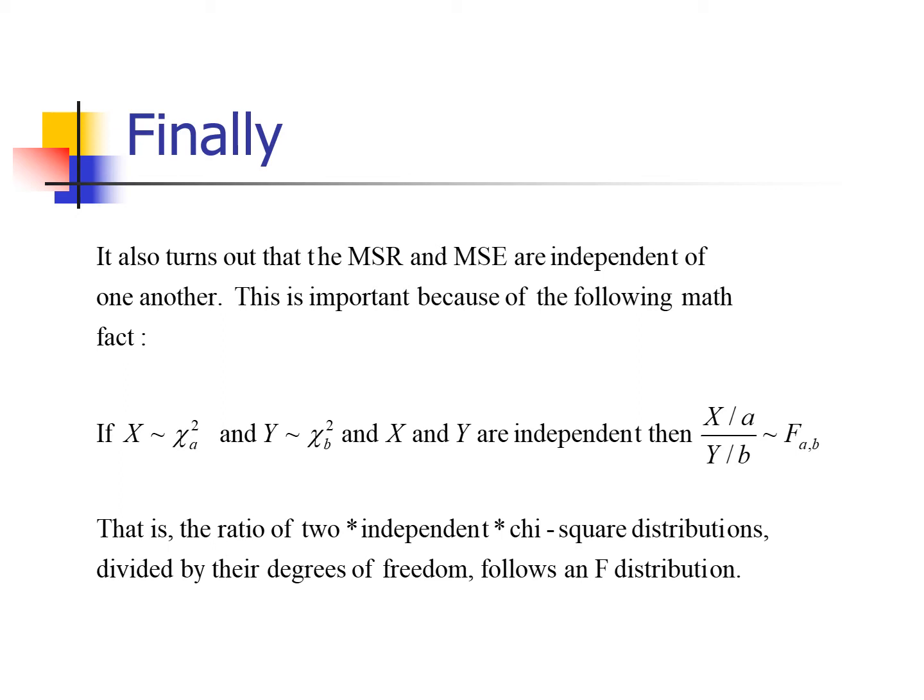That is, the ratio of two independent chi-squared distributions divided by their degrees of freedom follows something called an F distribution. And so we can probably see where we're going with this, right? We can see the key takeaway, the main point. That is that this MSR over MSE is going to take advantage of all these different math facts and allow us to see that the ratio of MSR over MSE follows an F distribution.